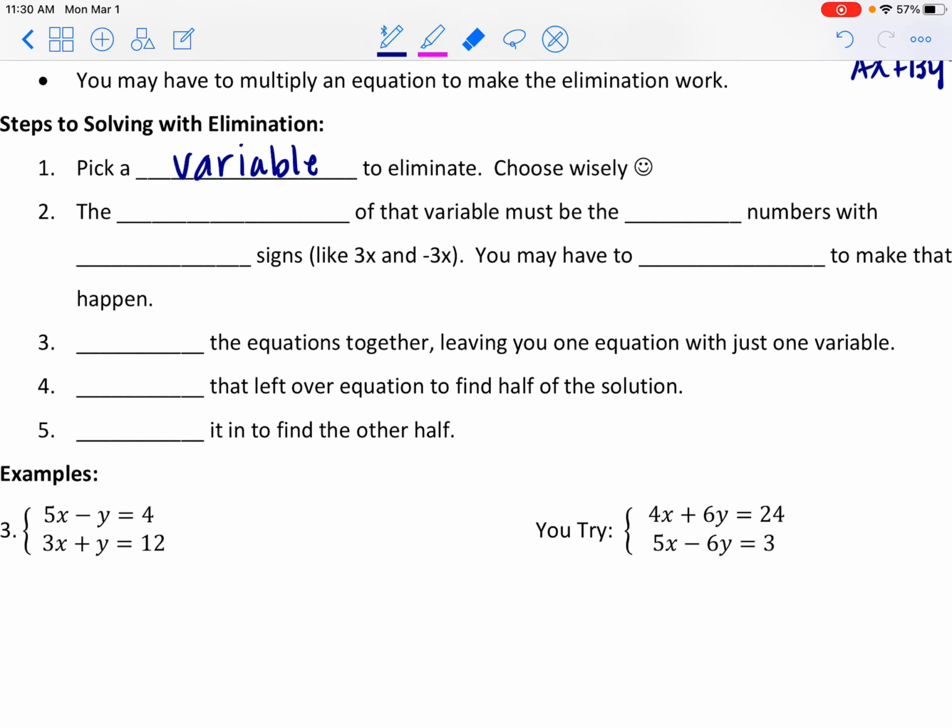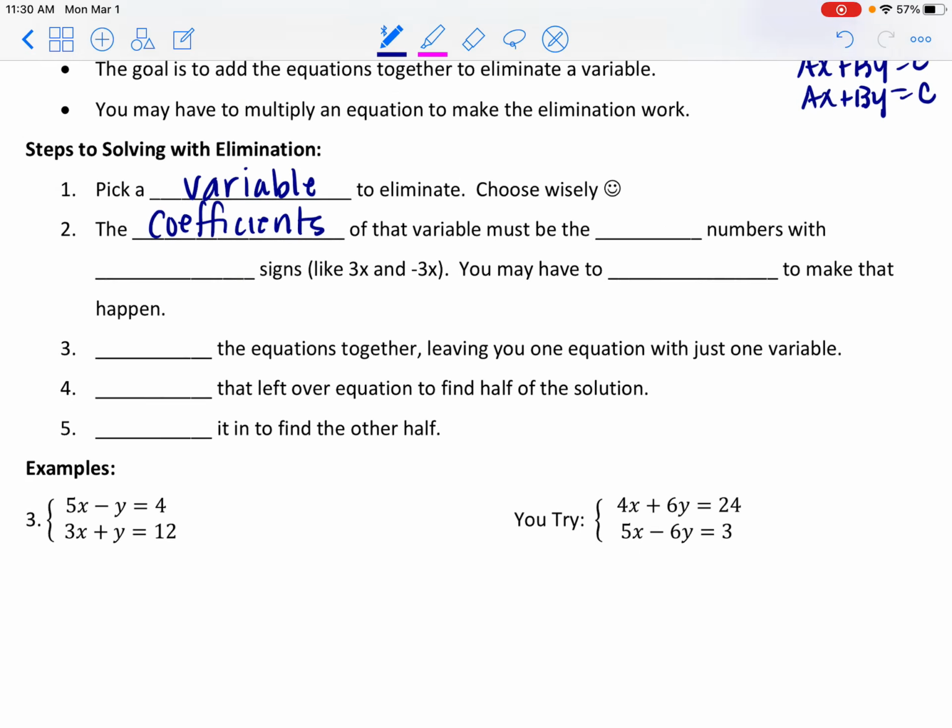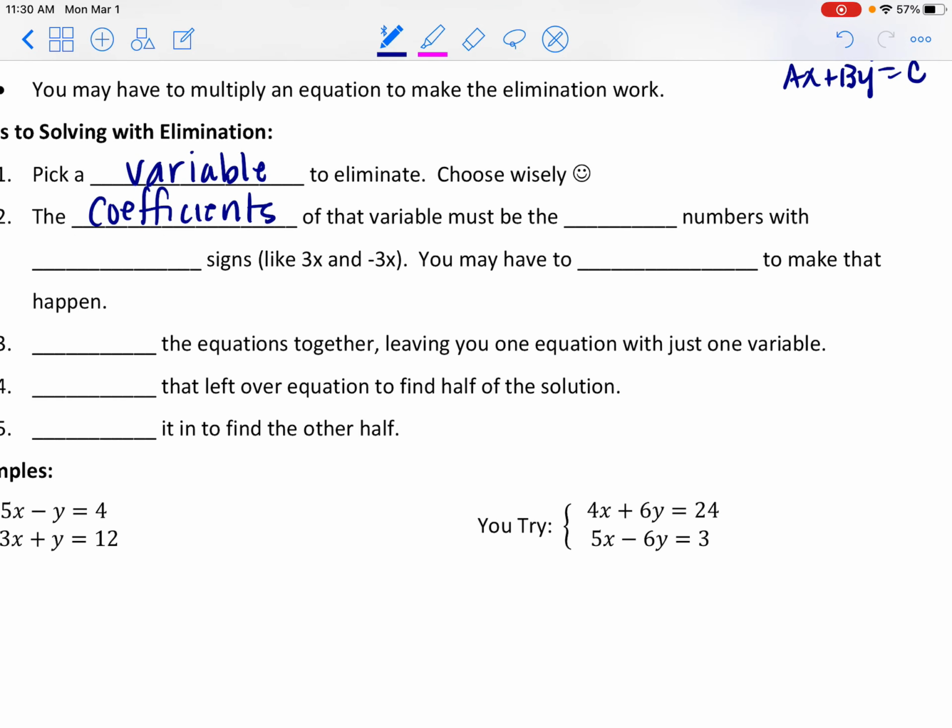So we want the coefficients of that variable. They must be the same number with opposite signs. Like 3x and negative 3x, 1x and negative 1x, 6y and negative 6y. And it's possible that you have to multiply to make that happen.